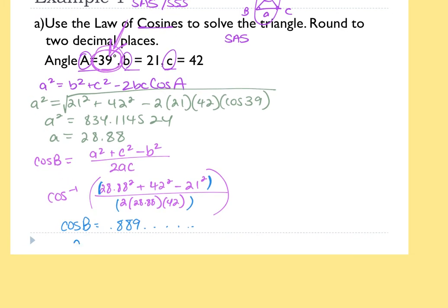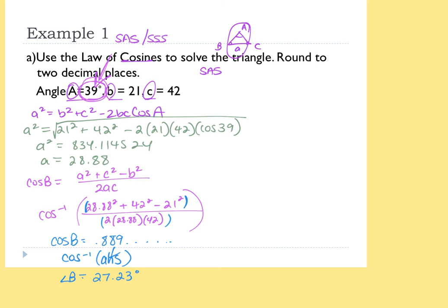I'm going to hit cosine -1, and I'm going to pull back the answer. And you should get angle B is 27.23 degrees. So I got side A, 28.88. Angle B, 27.23. The last one I need to find is angle C.